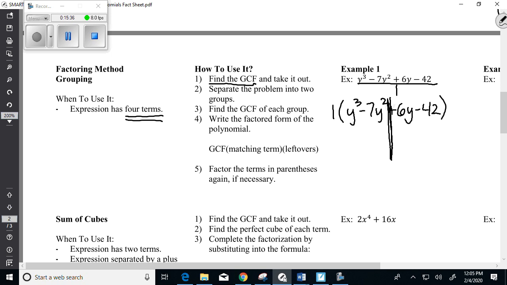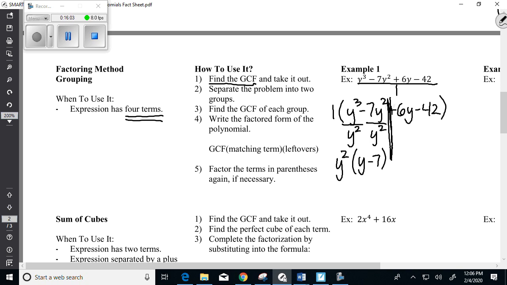If you look at the first grouping, y to the third minus 7y squared, you can't divide by 7, but you can take out a y squared. They both have the same variable. So if you take out y squared, you're left with y minus 7.